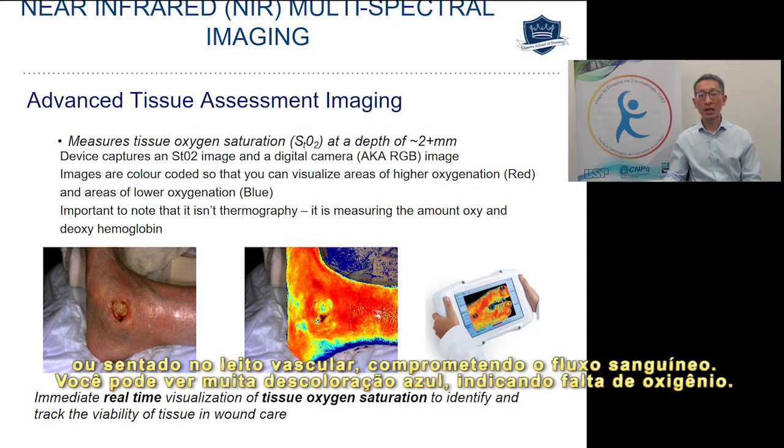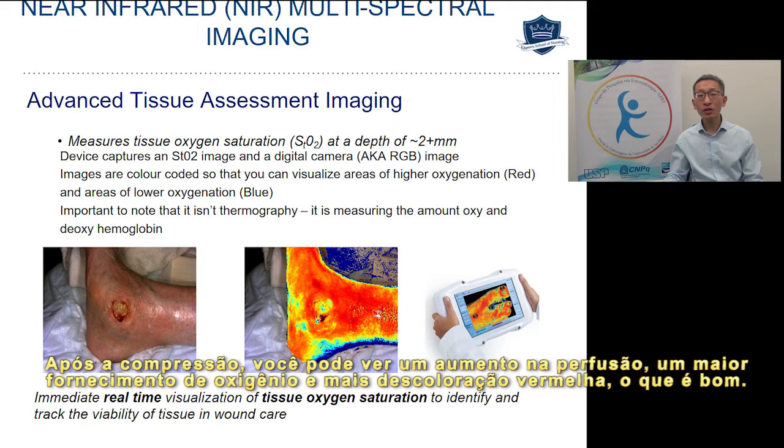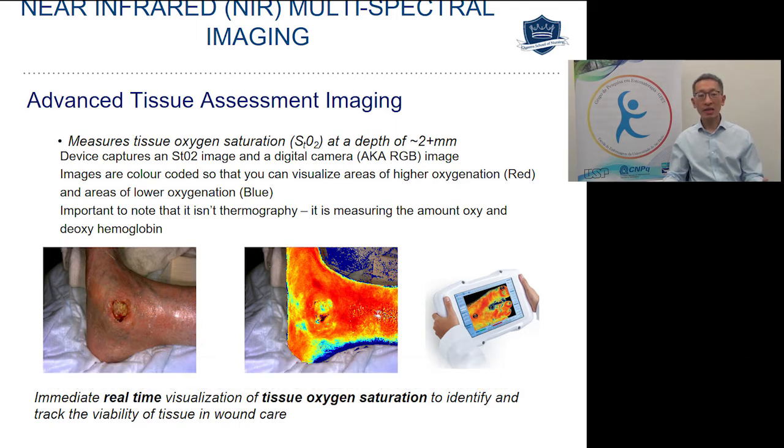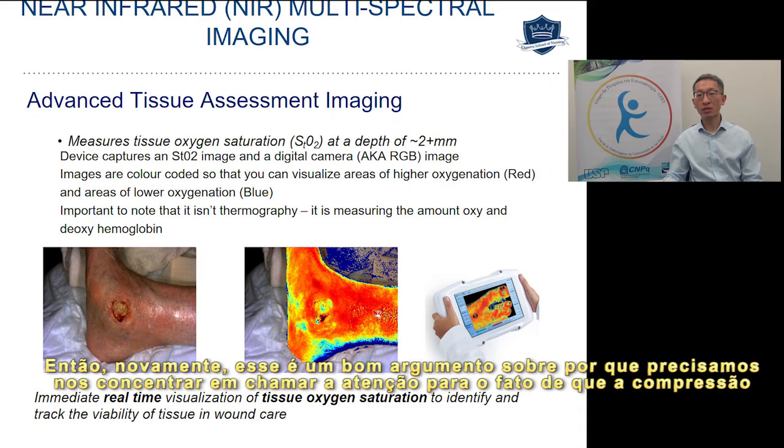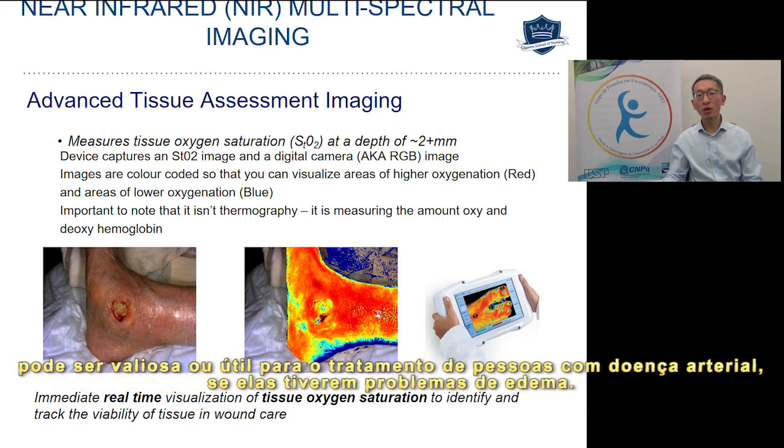You can see under the scanner a lot of blue discoloration, indicating a lack of oxygen. After compression, you can see an increase in perfusion and oxygen delivery. Now you can see more red color, which is good. So again, this is a good point about why we need to bring attention to the fact that compression may be useful for the management of people, even with arterial disease, if they have an edema problem.